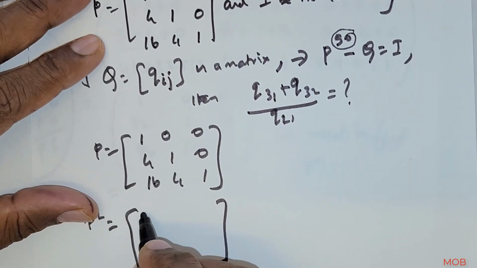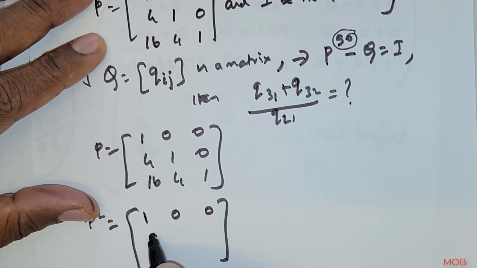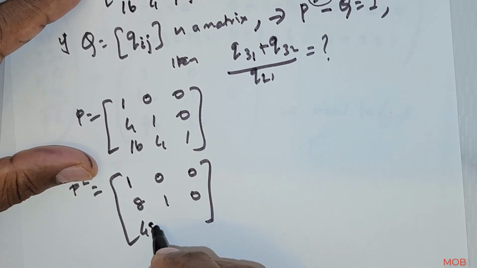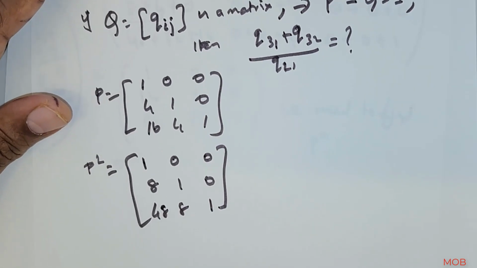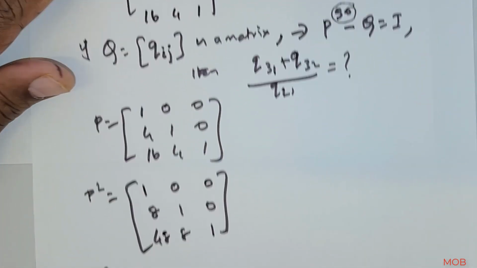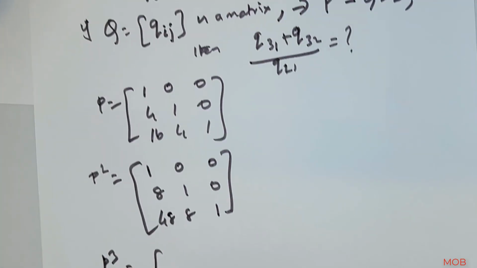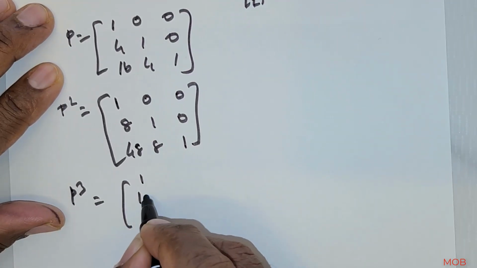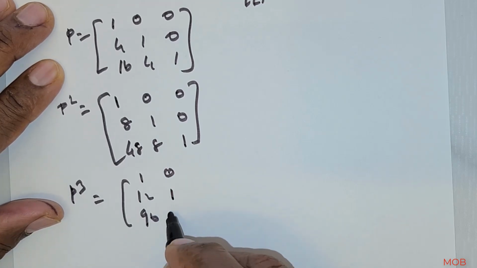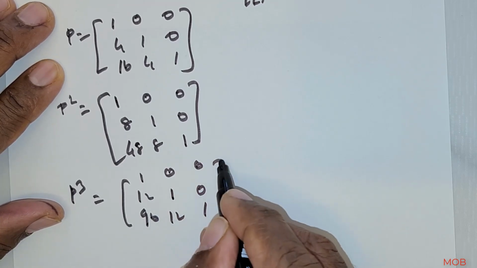So P squared is 1 0 0, 8 1 0 and 48, 8 and 1. So this is my P squared. Now I need to write my P cubed. So P cubed is 1 12 96, 0 1 12, 0 0 1.